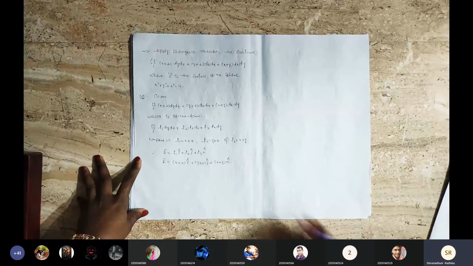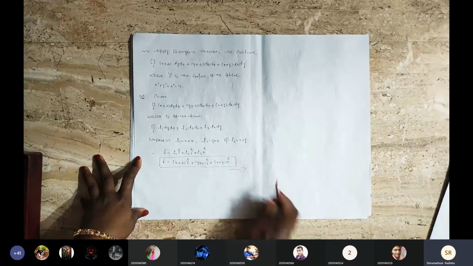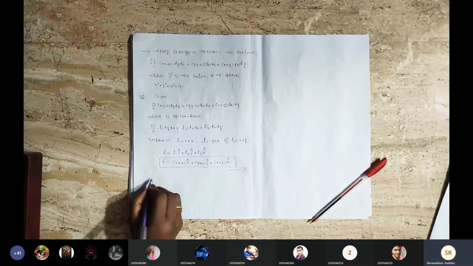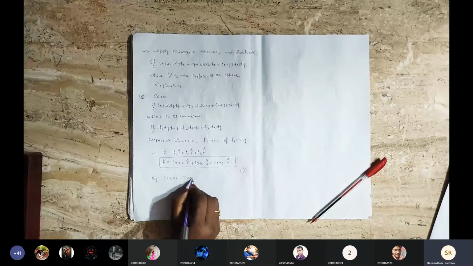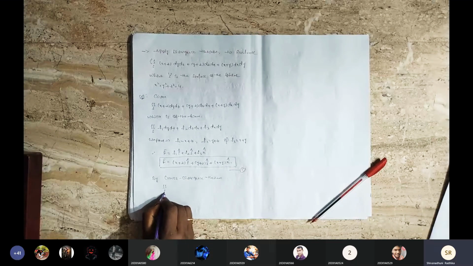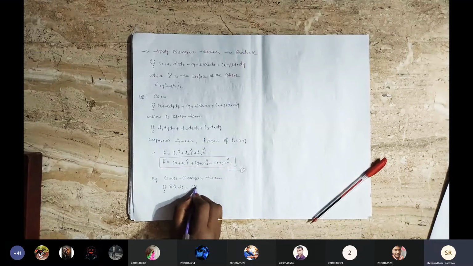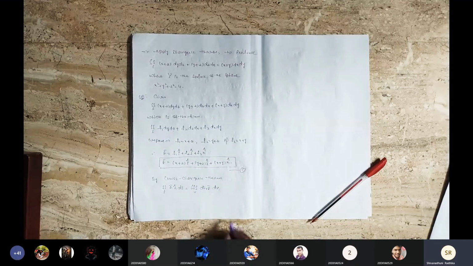This is the required vector point function of the given problem. Say this is equation number 1. Now we are going to evaluate the double integral by Gauss divergence theorem: double integral over S of F bar dot n cap dS equals triple integration over V of divergence F bar dV. Say this is the star equation.